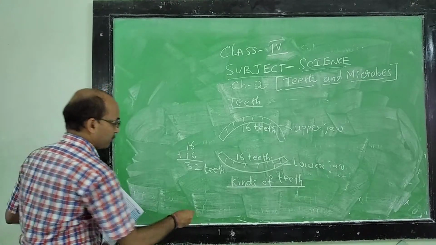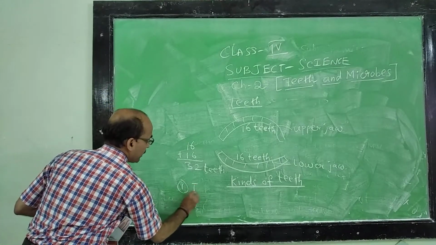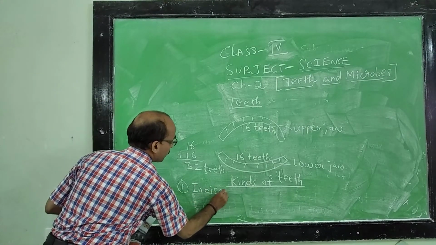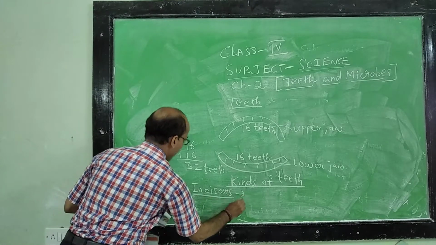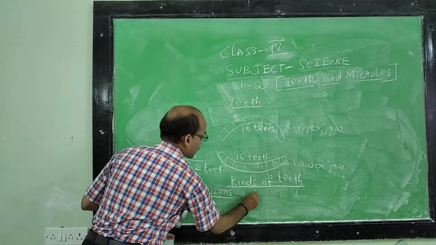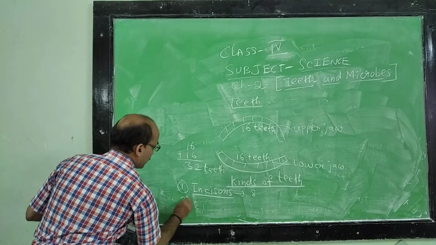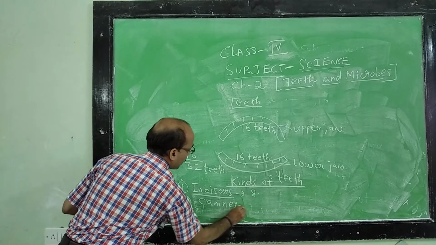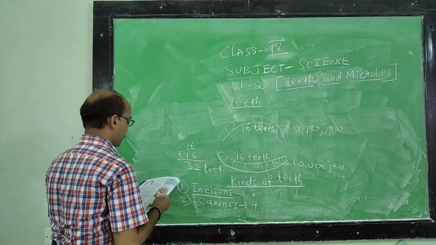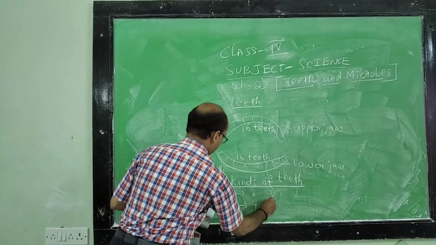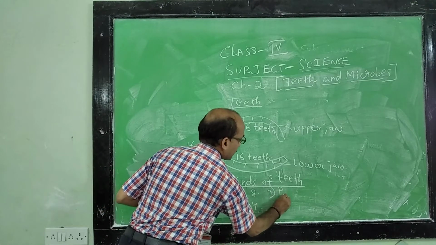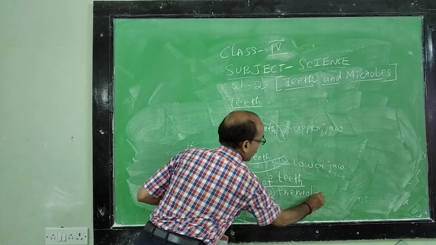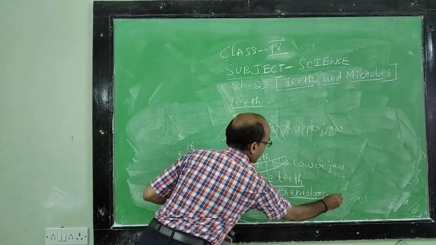So we have different kinds. Number 1, incisors, total 8. Number 2, canines, there are 4. Number 3, premolars, there are also 8.